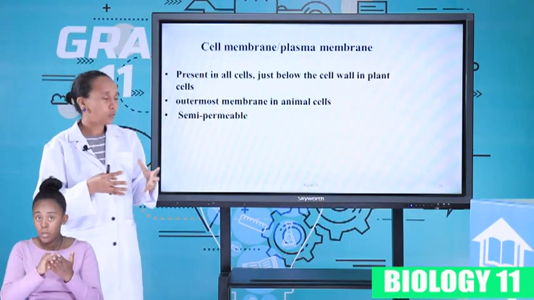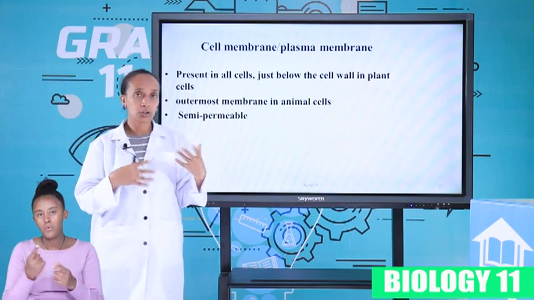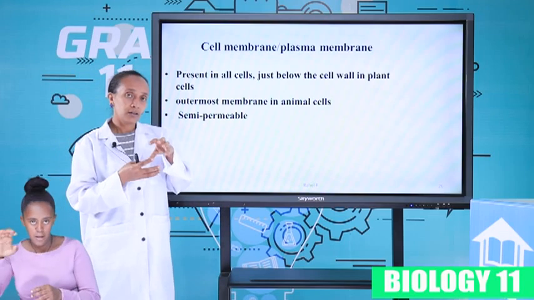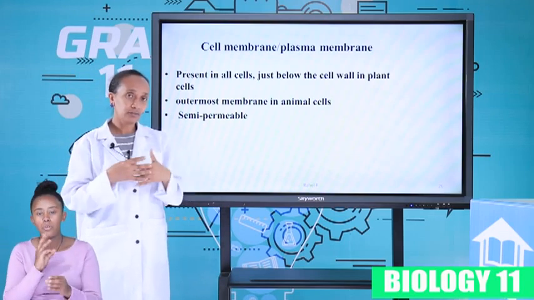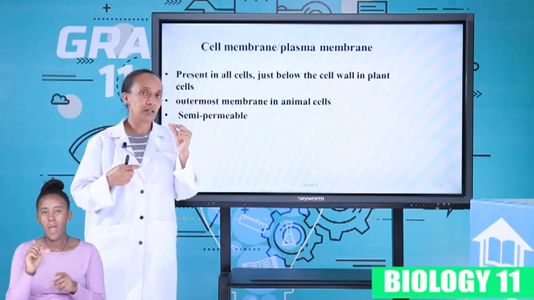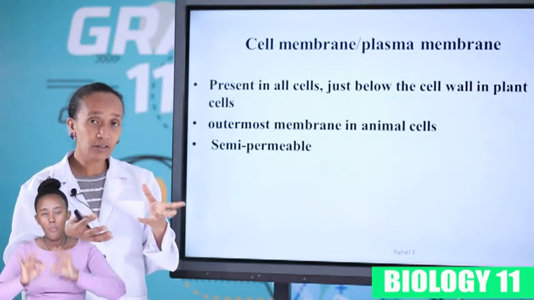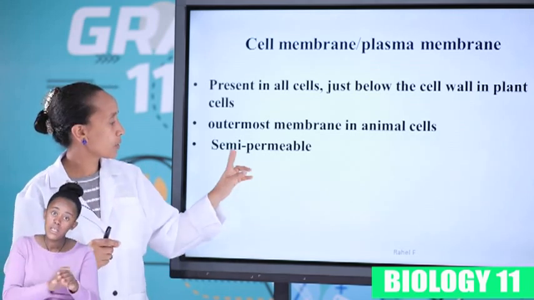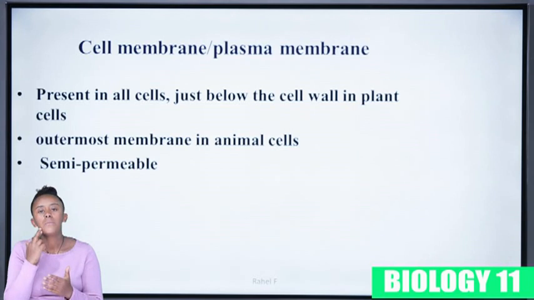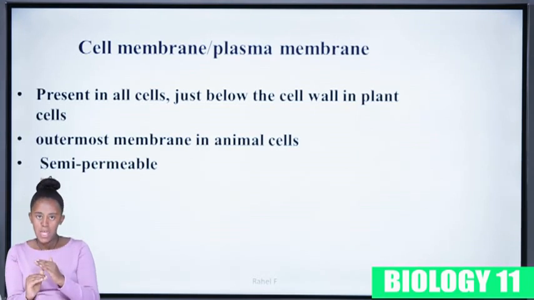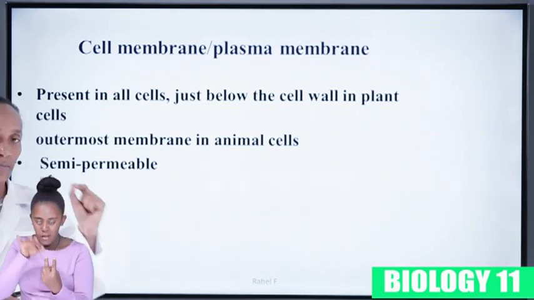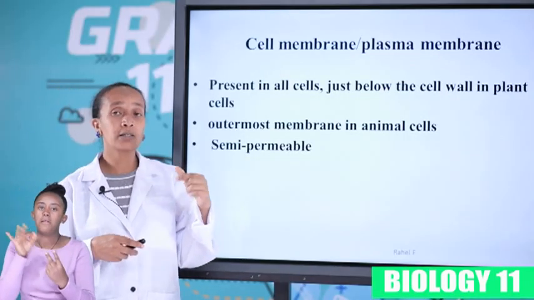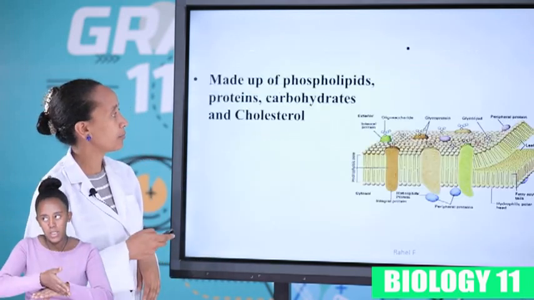That's why, when we talk about the function of cell membrane, water can move in both directions freely, but other important molecules like protein cannot easily leave or enter the cell. This is because the cell membrane is semi-permeable, or selectively permeable, selecting which materials cross the membrane.